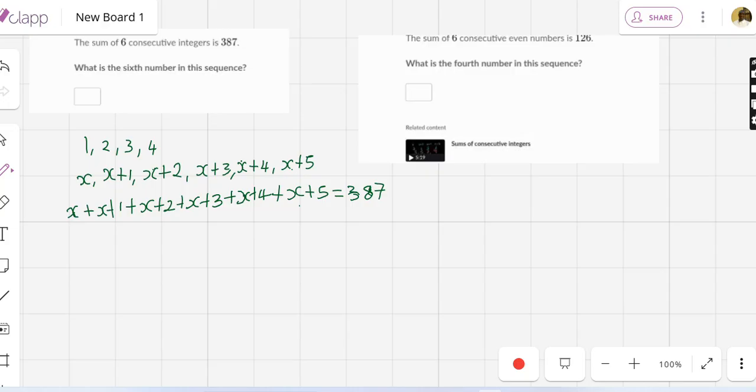The next thing that we need to do is collect the like terms. All the x, bring them together. 1, 2, 3, 4, 5, 6. The x are 6, so we'll have 6x.